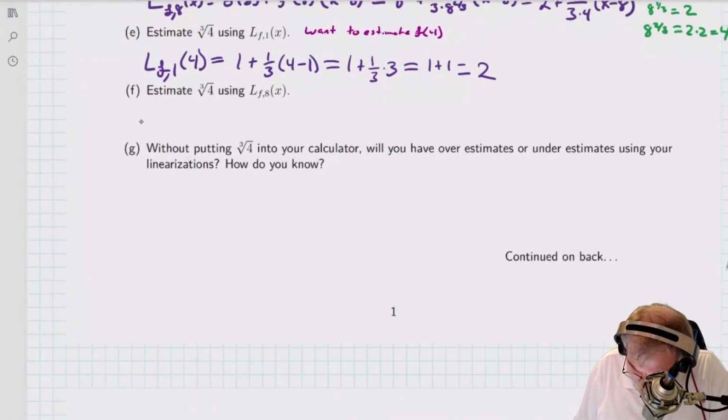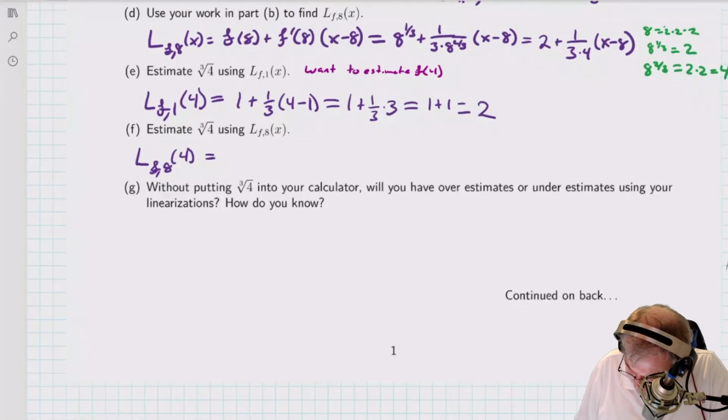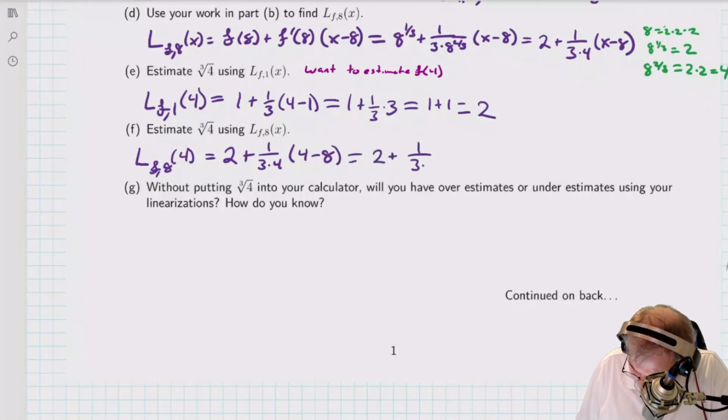Likewise, if I do L8 of 4, this was 2 plus 1 over 3 times 4, times 4 minus 8, which is going to become negative 4. 2 plus 1 over 3 times 4 times negative 4. Oh, isn't that convenient?